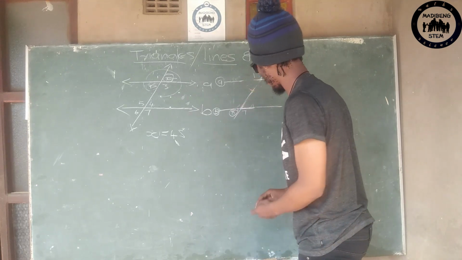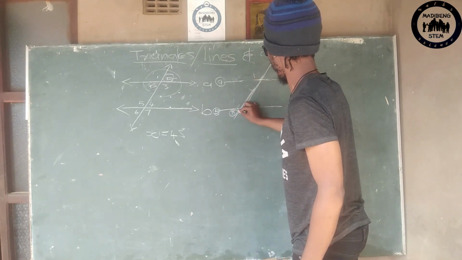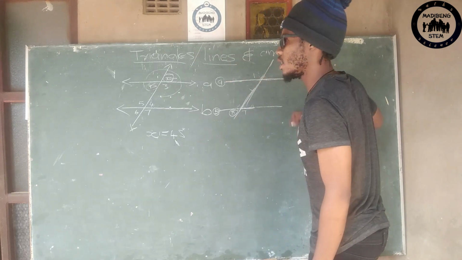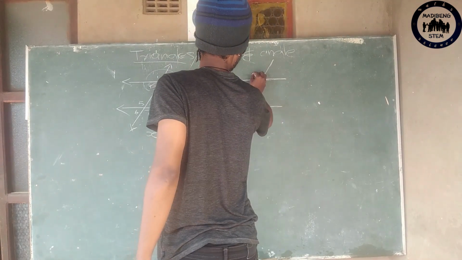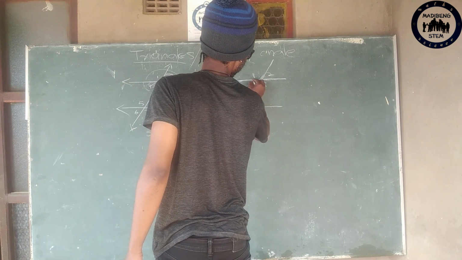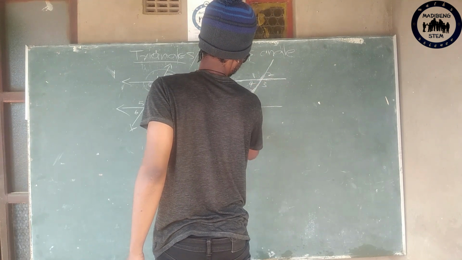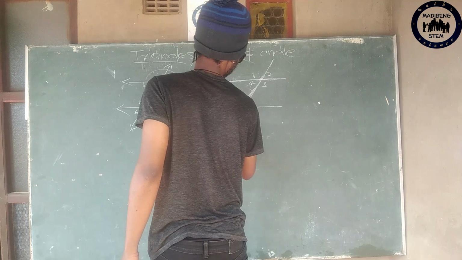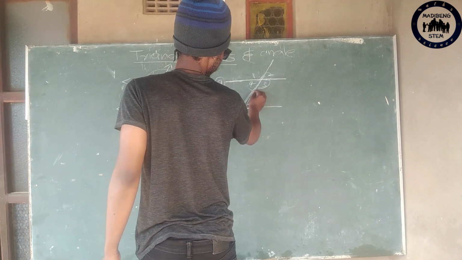What do you know about consecutive angles? You know that consecutive angles add up to 180. So this is 1, this is 2, this is 3, this is 4, 5, 6, 7, 8. So these are consecutive angles.